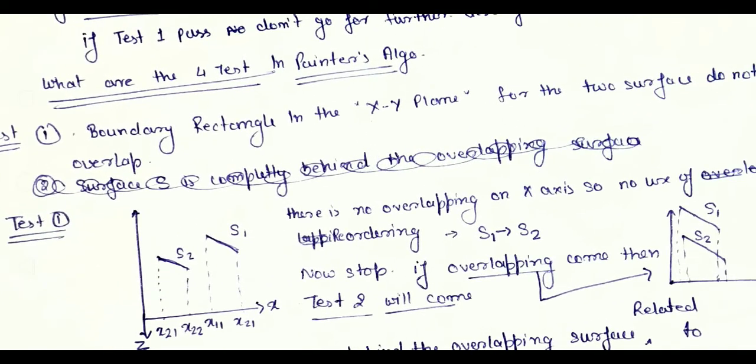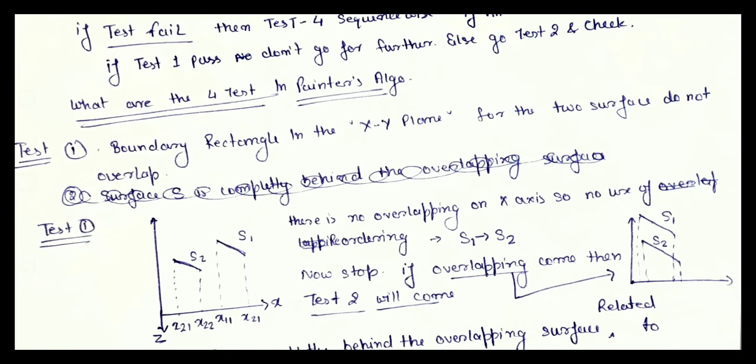Test 1 checks that the boundary rectangles in the xy plane for the two surfaces do not overlap. If the two surfaces are not overlapping, test 1 passes. If they are overlapping, we go to test 2.